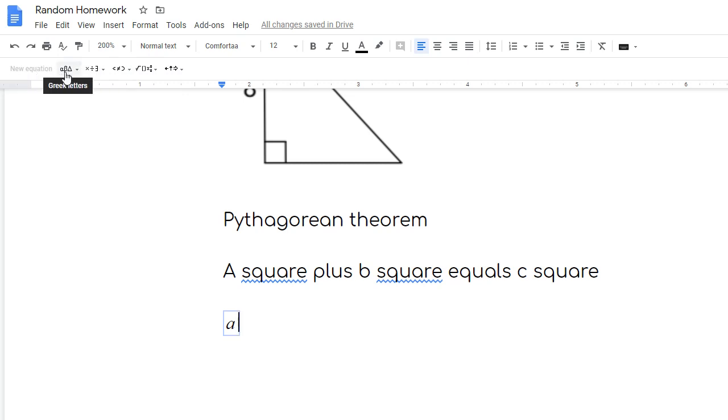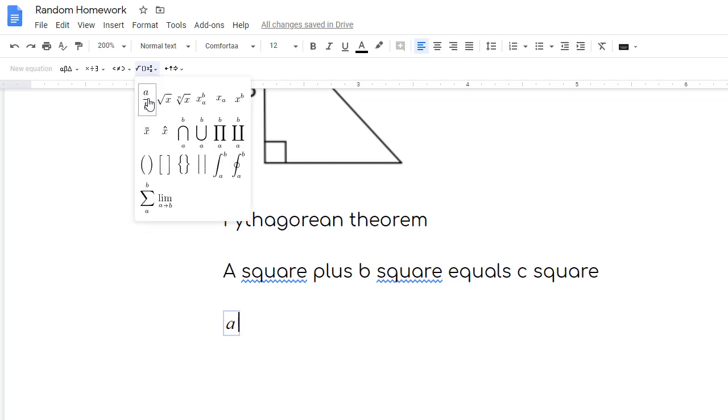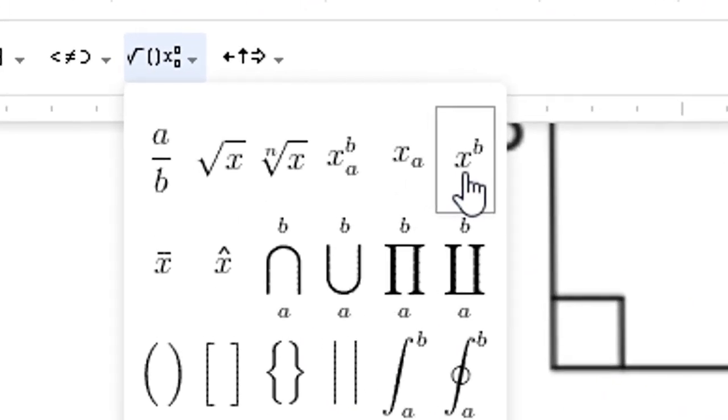Notice that here you have Greek letters, operations, relations, math operations, and arrows. We want to go to math operations, and then to the far right we're going to see an X with a B right above it. That is the exponent.